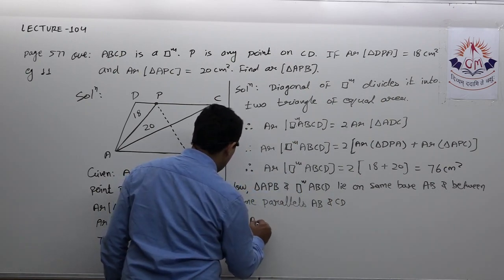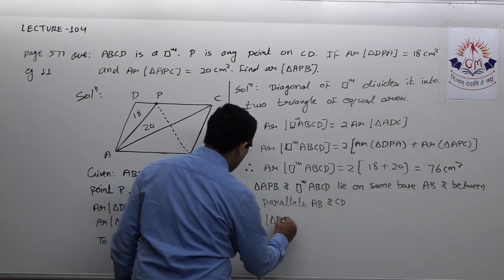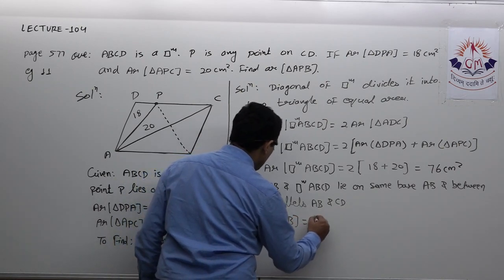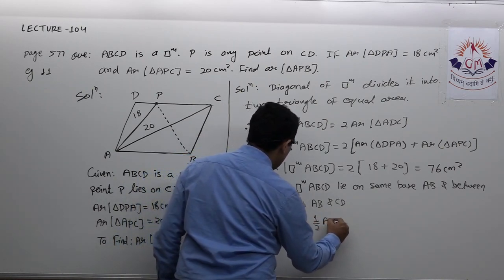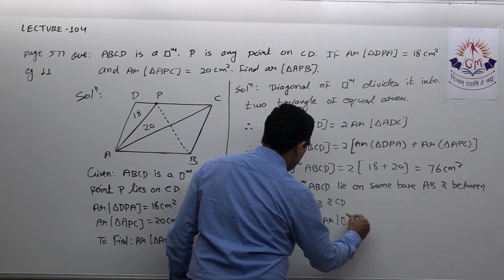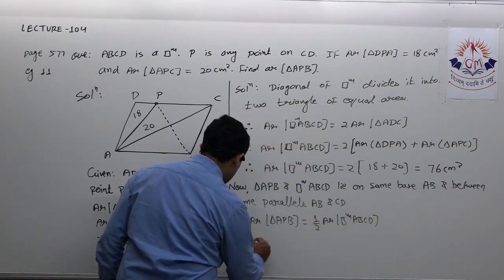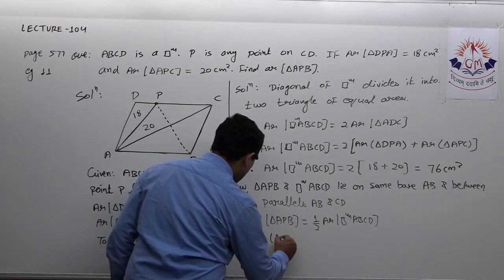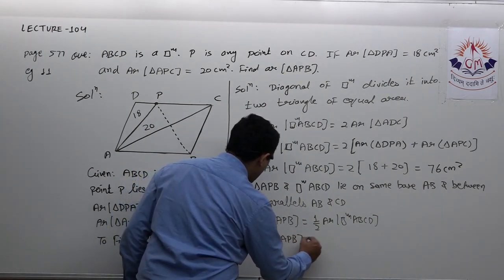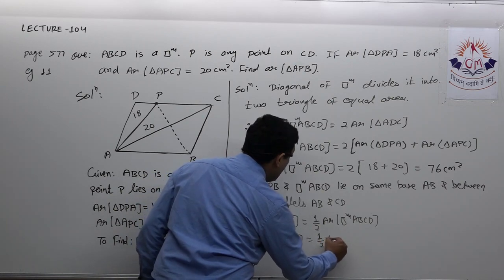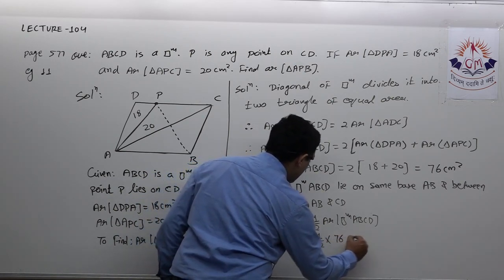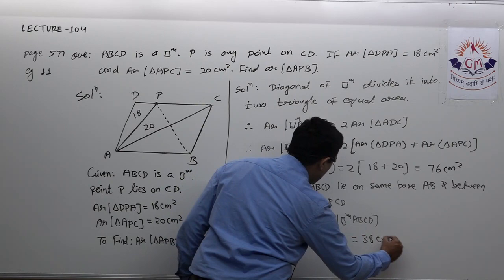Therefore, area triangle APB is equal to 1 by 2 area parallelogram ABCD. Therefore, area triangle APB is equal to half of 76, that is 38 centimeter square.